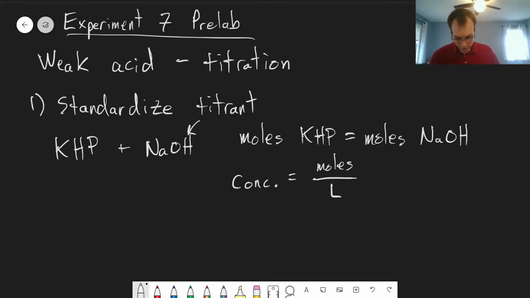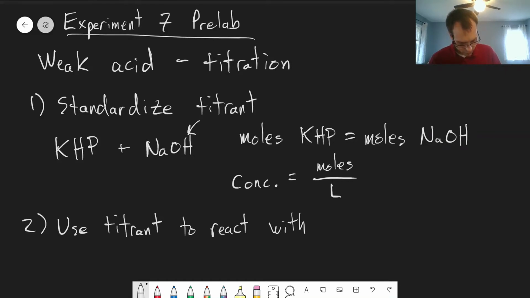The second part is that we use the standardized titrant to react with our weak acid. And we don't know what this weak acid is. That is the goal of this experiment, is to figure out two things about it.